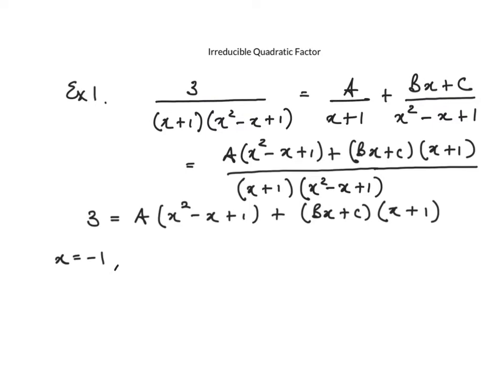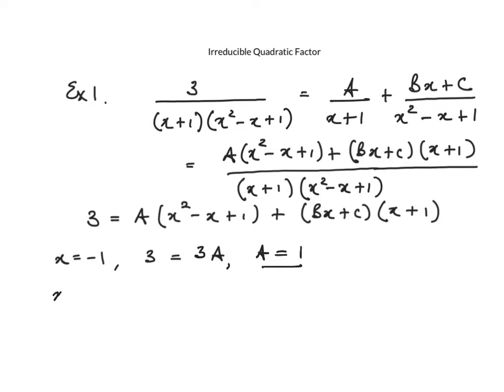So we've got 3 equals a times what? Well, we've got minus 1 squared is 1, 1 plus 1 is 2, plus another 1 is 3. So it's 3a. And a then has the value 1.